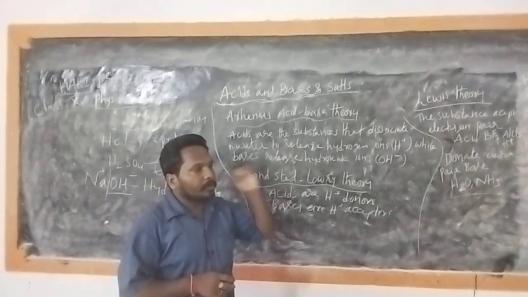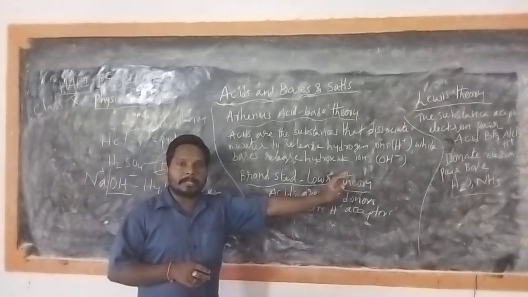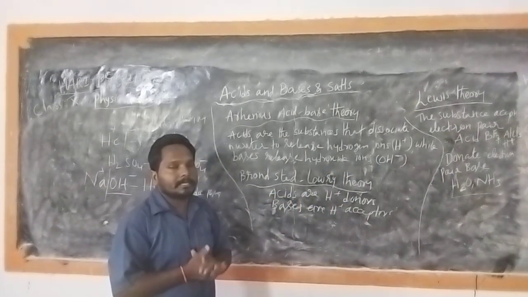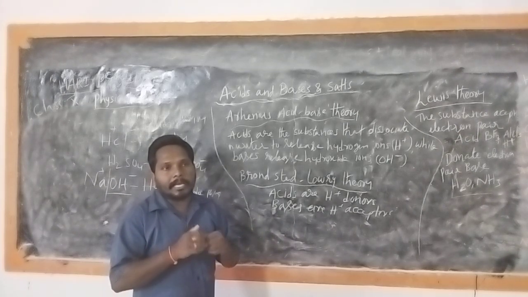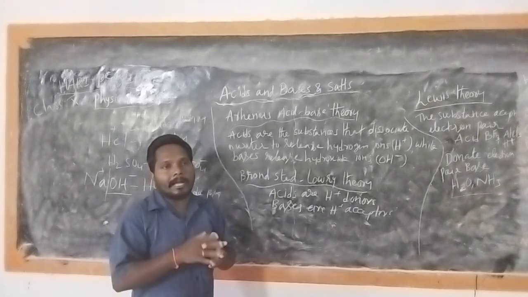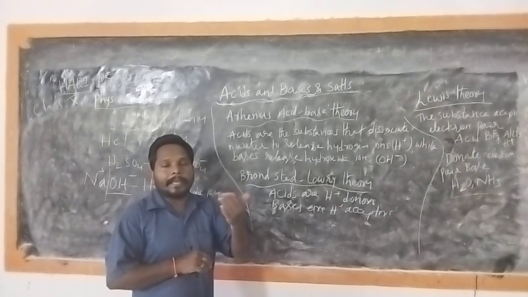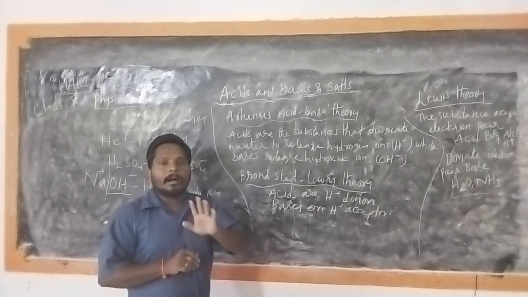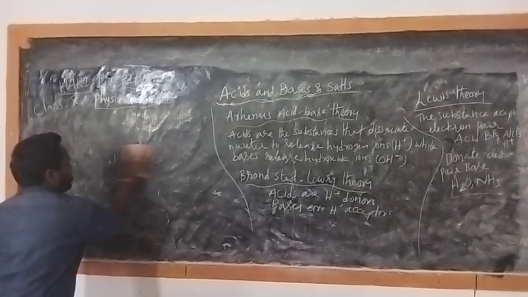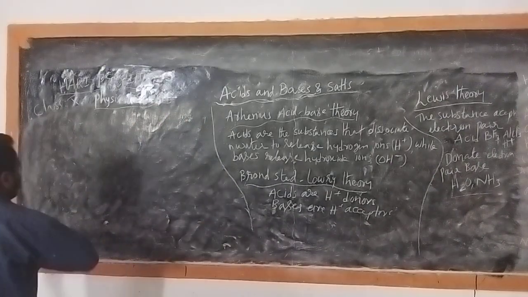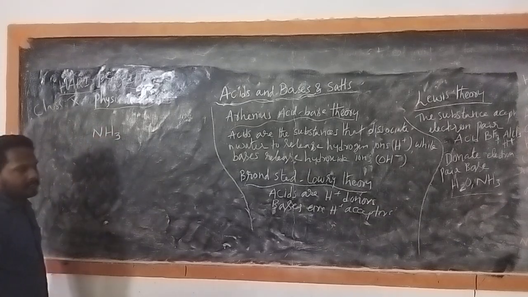Bronsted-Lowry acid-base theory: acids are proton, H plus, donors, and bases are H plus acceptors. For example, ammonia is basic in nature.